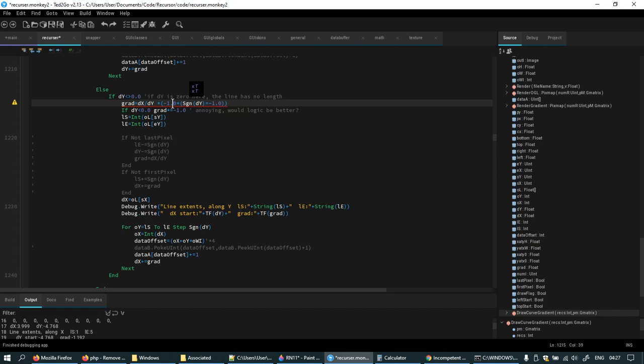I know that there's... it's not going to like that, is it? Can I do that? I should be able to. Types must be numeric.